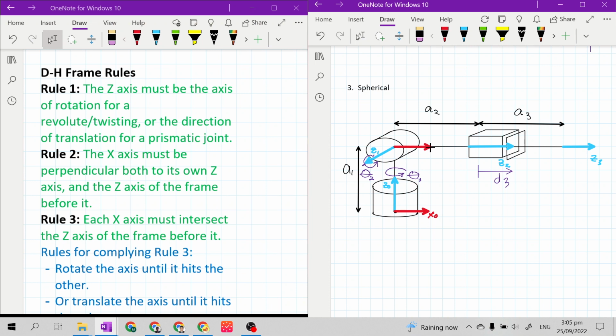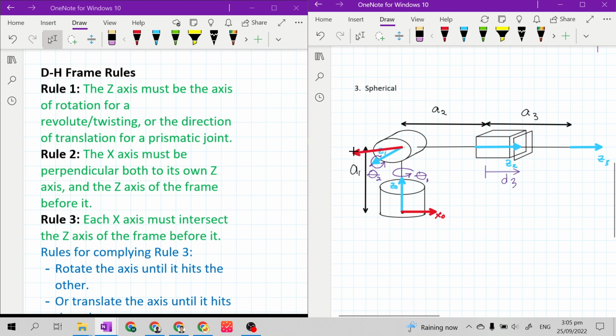So our only choice is to the right or to the left. Pointing to the right is much easier to see, and it's the same as x sub 0. So I will choose to the right. Okay, so our label for this is x sub 1.